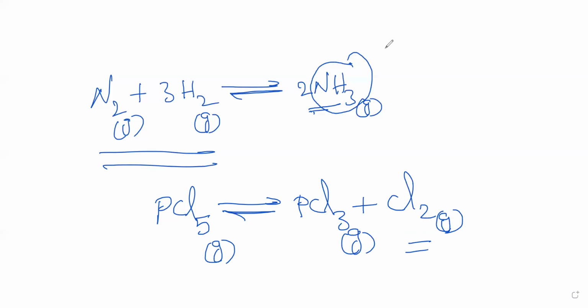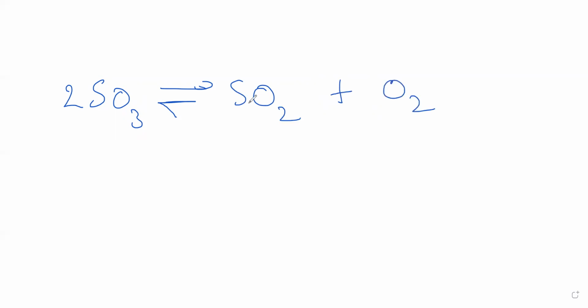Next one is sulfur trioxide, another example. SO3, sulfur trioxide formation, that is 2SO3 that can decompose to 2SO2 and O2. And again, 2SO2 plus O2 gives 2SO3. So everything is balanced, I hope.